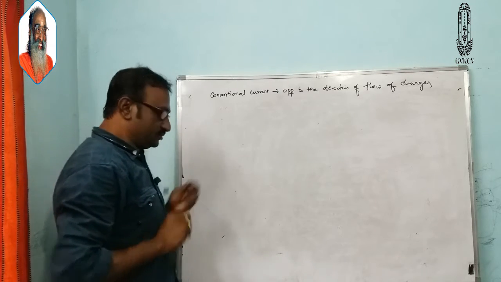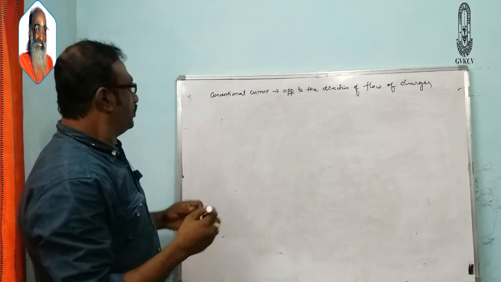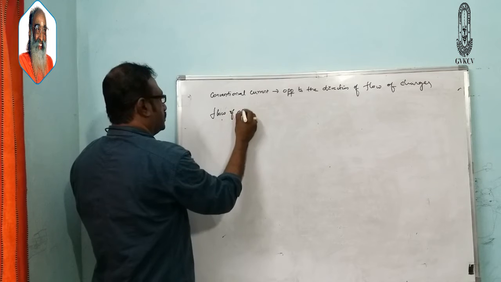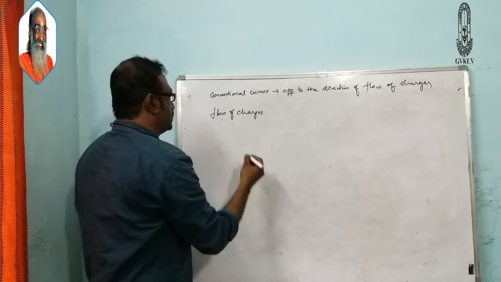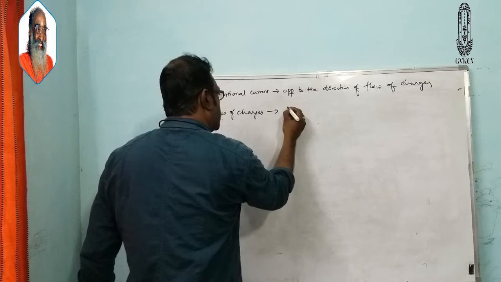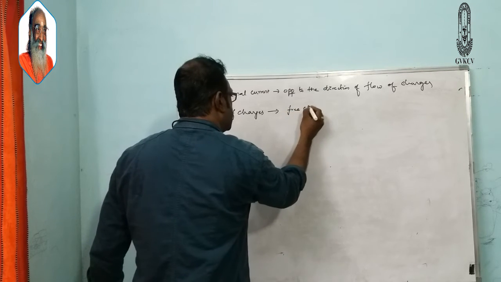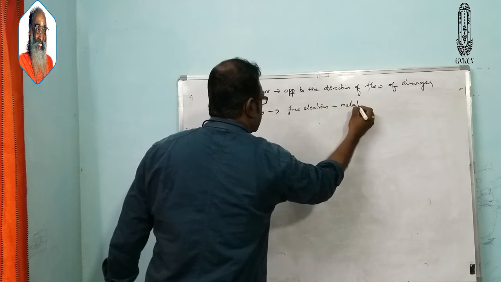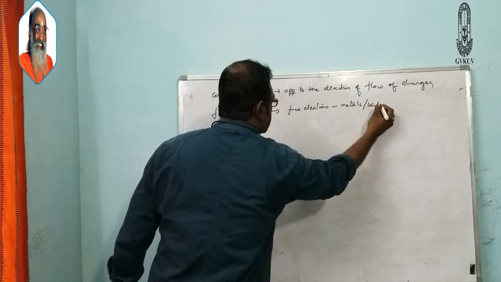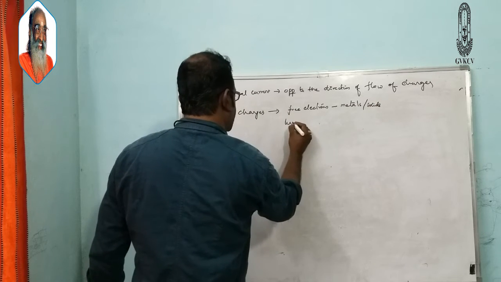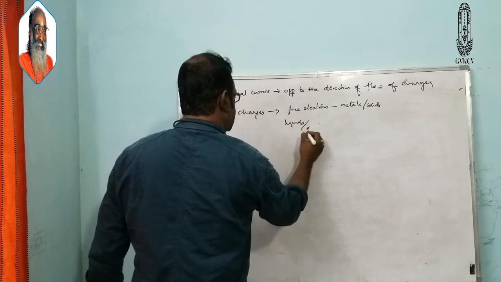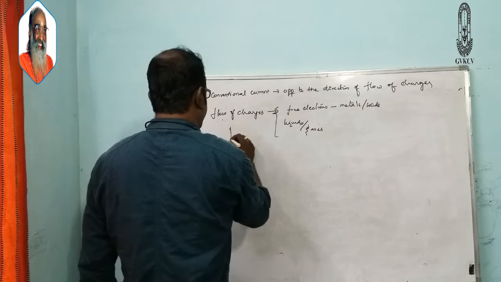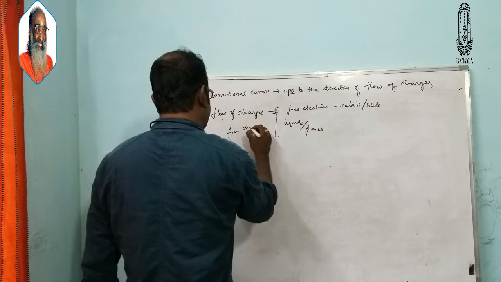Now, after understanding this, here we talk about the flow of charges. To just keep in mind here, these flow of charges are free electrons in case of metals or solids, and in case of liquids or gases, the flow of charges means the free charges here.